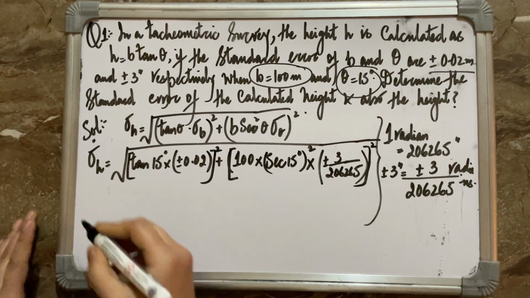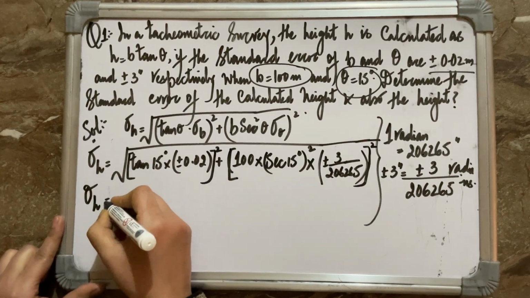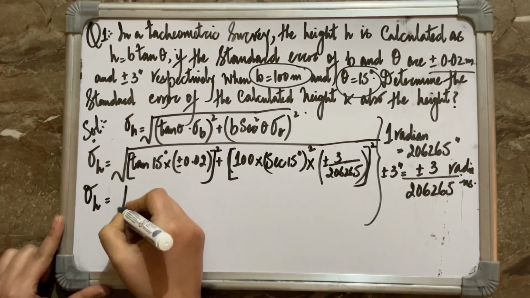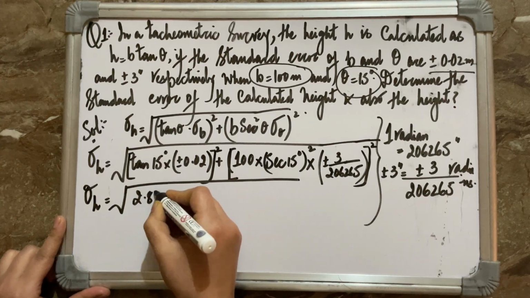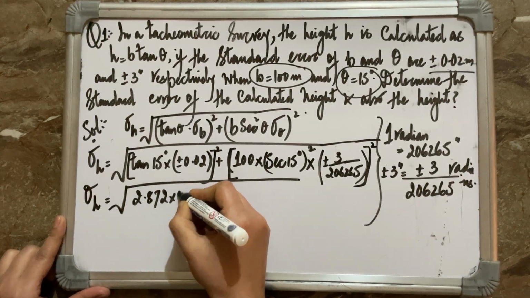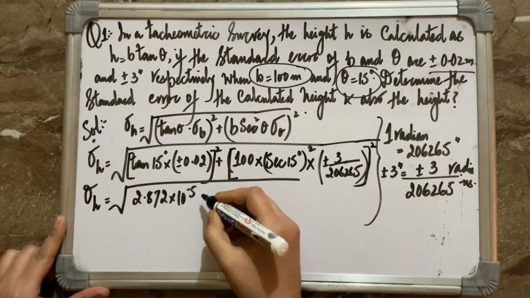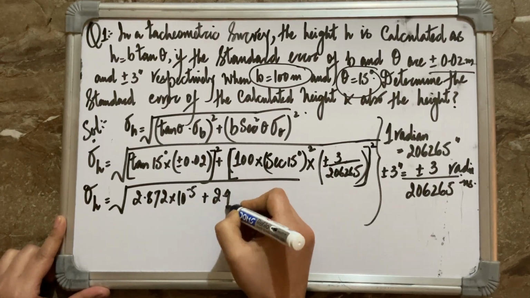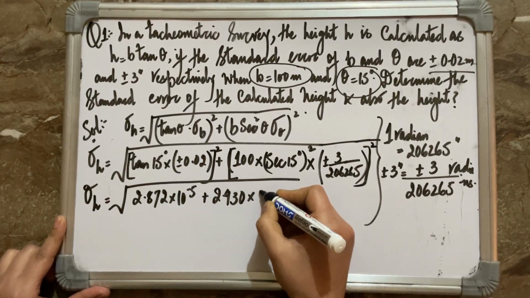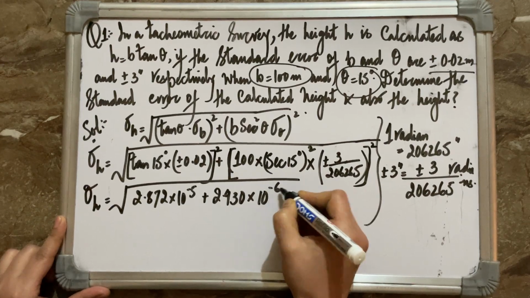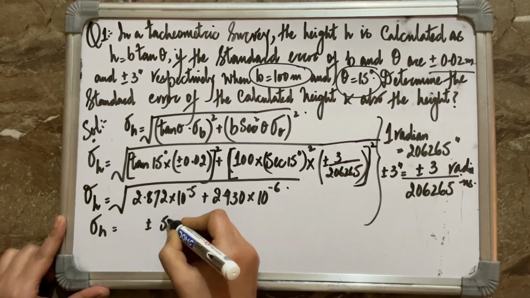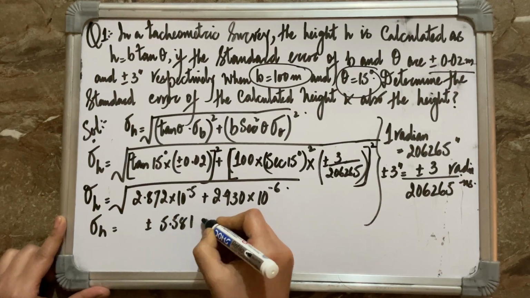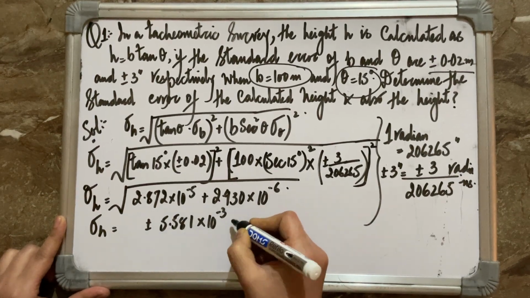All right, so by calculations, standard error in height, the values, this is equivalent to 2.872 multiplied by 10 raised to the power minus 5, and this is equivalent to 2.430 multiplied by 10 raised to the power minus 6, and by calculation sigma h is equal to plus minus 5.581 into 10 raised to the power minus 3 meters.